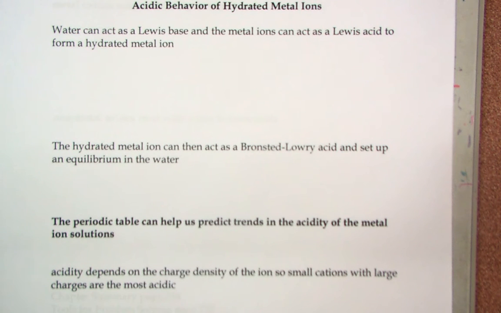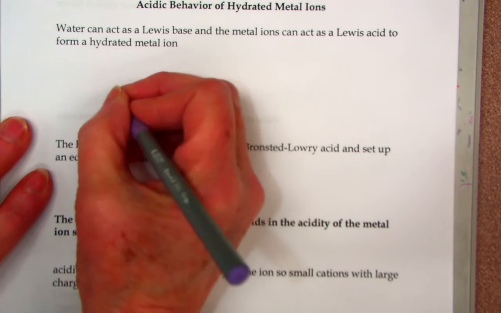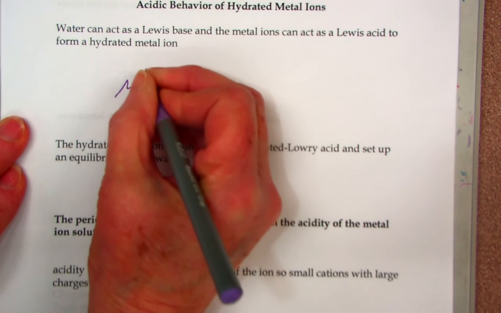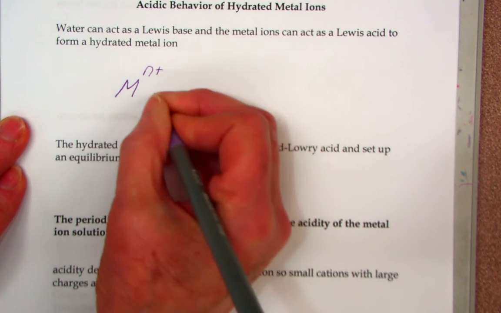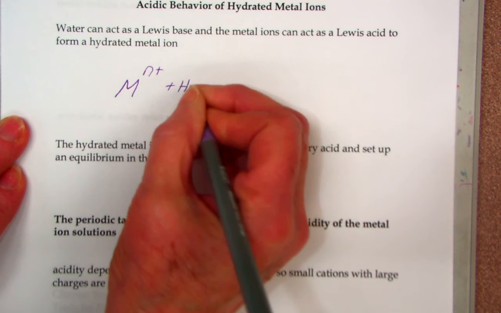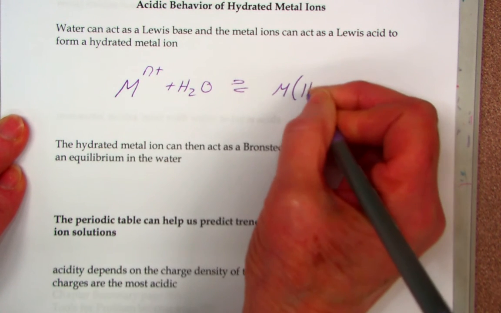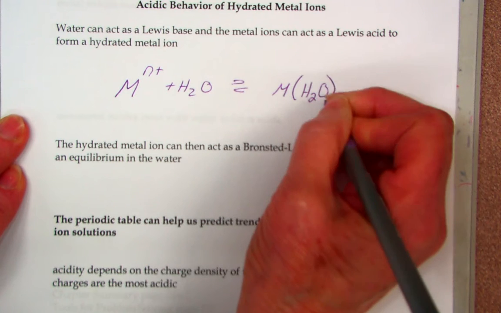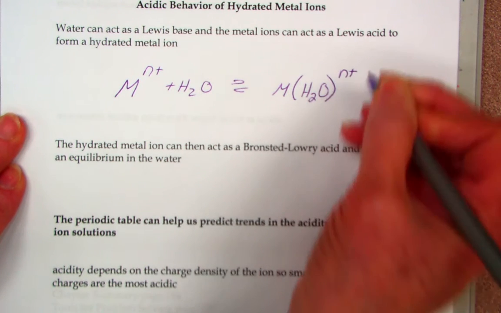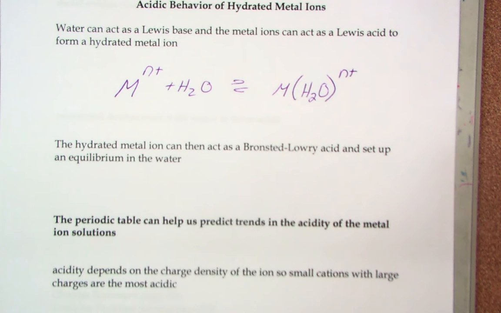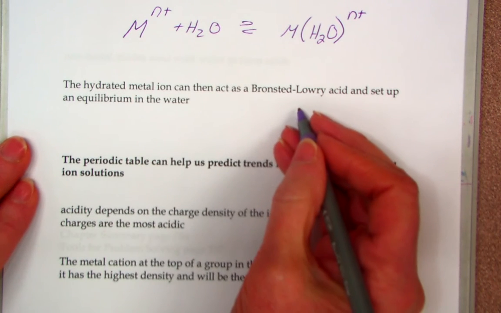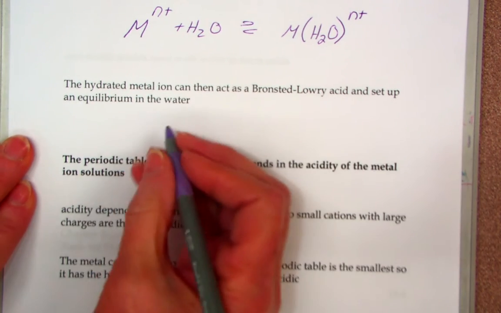But some metals can. You can have some metal, M, that has a positive charge, a metal cation, reacting with water, and you make a complex ion, a hydrated metal ion that has the same charge as the metal. The hydrated ion can then act like an acid and set up an equilibrium in the water.